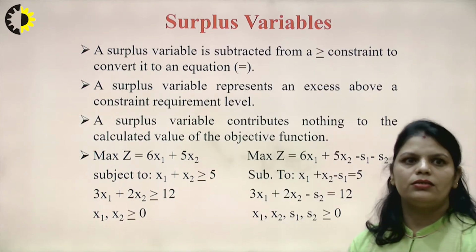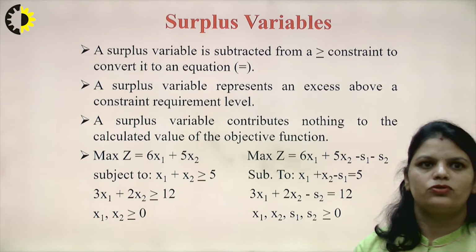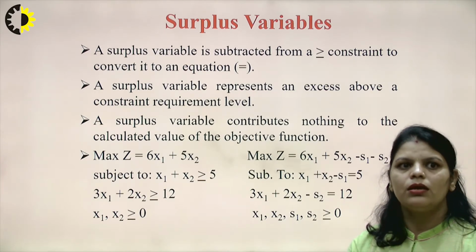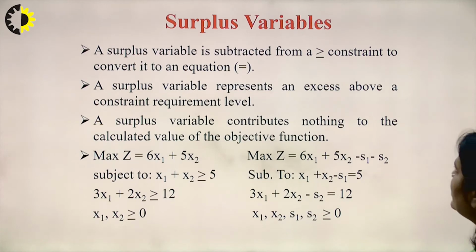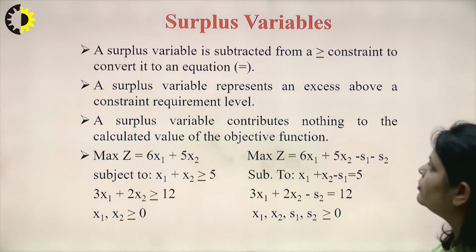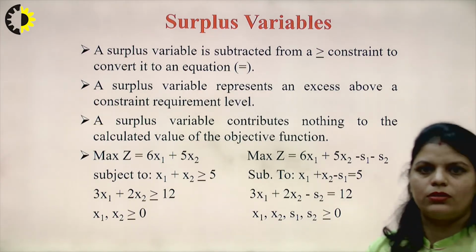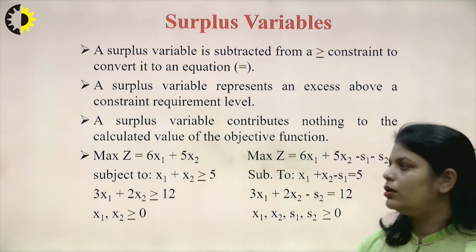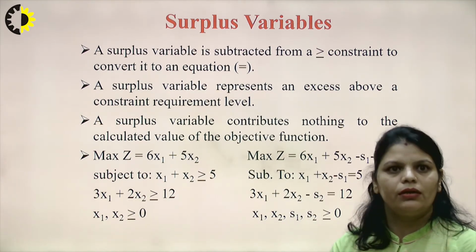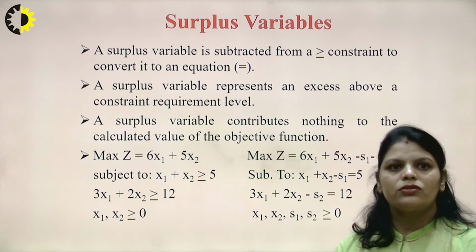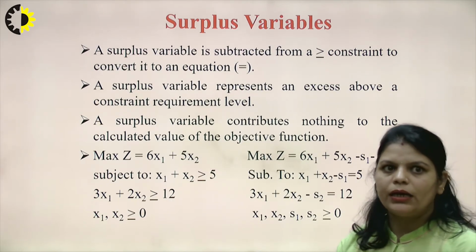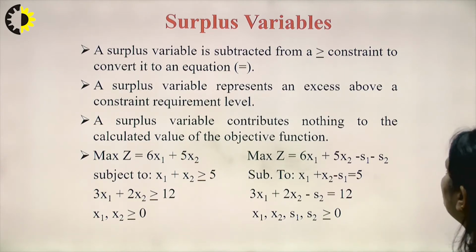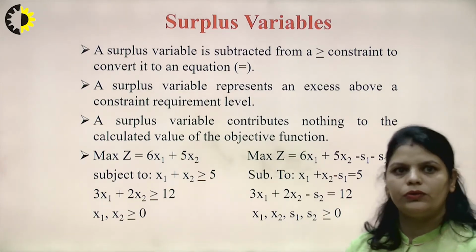Now second is our surplus variables. So what are surplus variables? A surplus variable is subtracted from a greater than equal to constraint to convert it into an equation. In the last slide we saw that in case of slack variables we have the less than equal to sign, but in case of the surplus variable we have the greater than equal to sign.